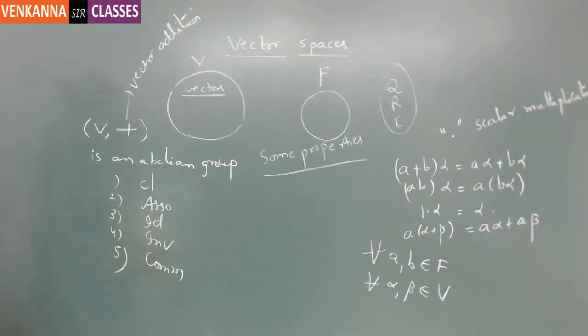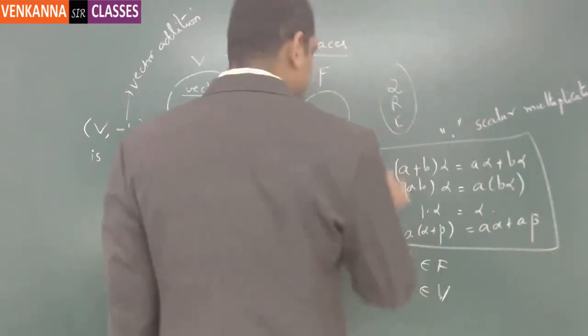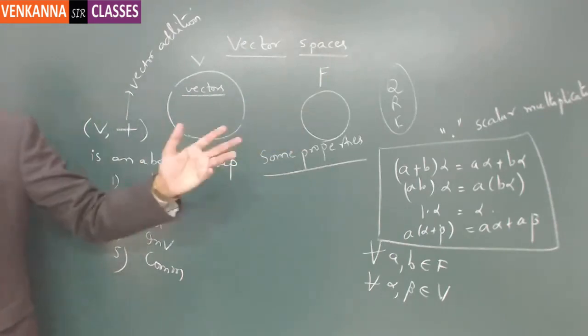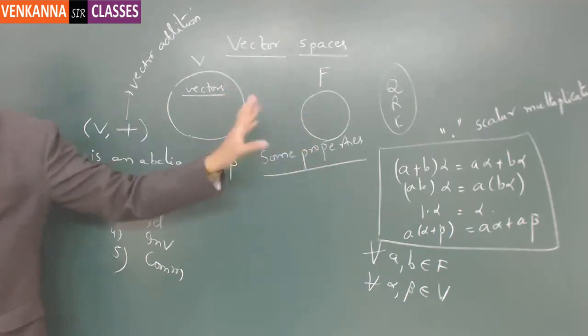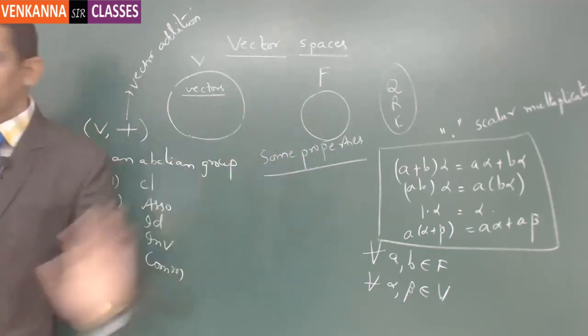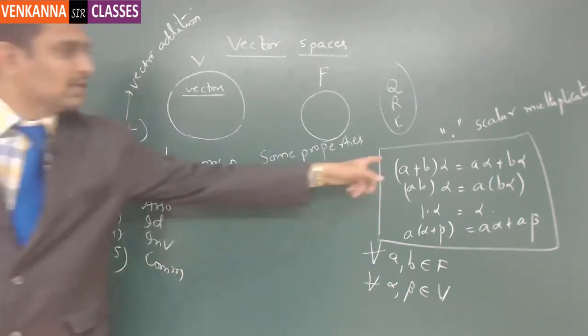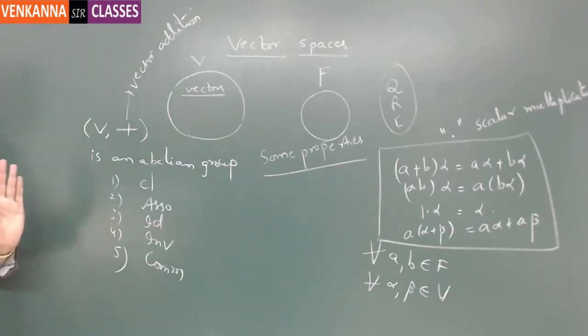So these four properties must be satisfied by both V and F. I can take any two vectors here, I can take any numbers here. They together constitute these four properties. So in total, I am checking 9 properties. These are 4 and these are 5, total 9 properties.